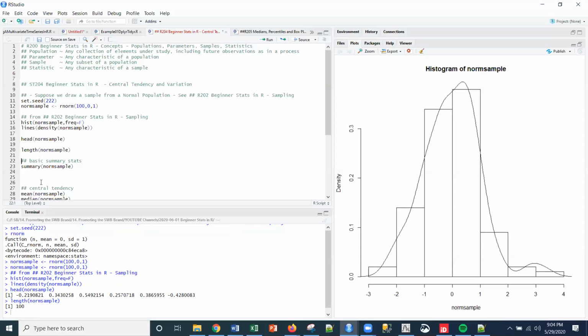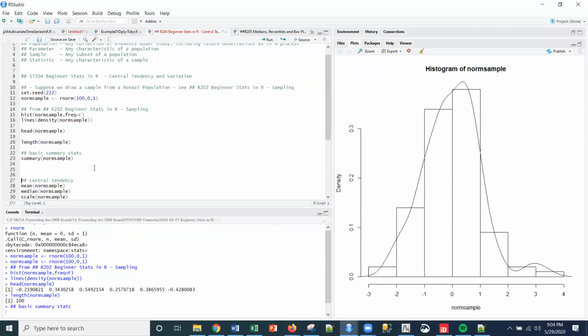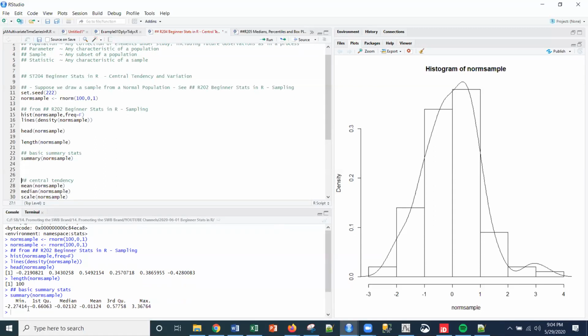And then if I want to look at some of the basic statistics, the summary, you would think, would provide actually more than it does. But it is useful. It provides the minimum for the sample, the maximum for the sample, as well as the first quartile, which is the 25th percentile.